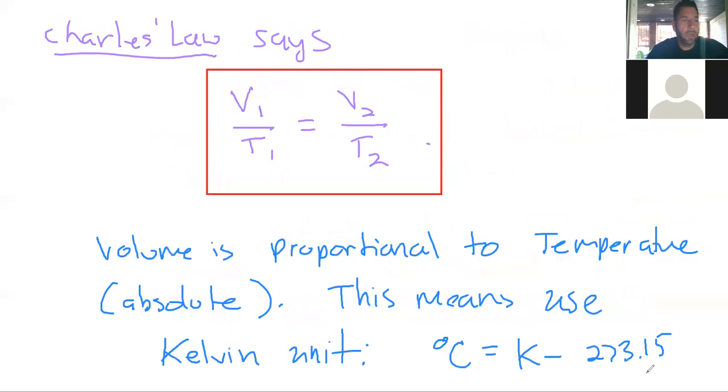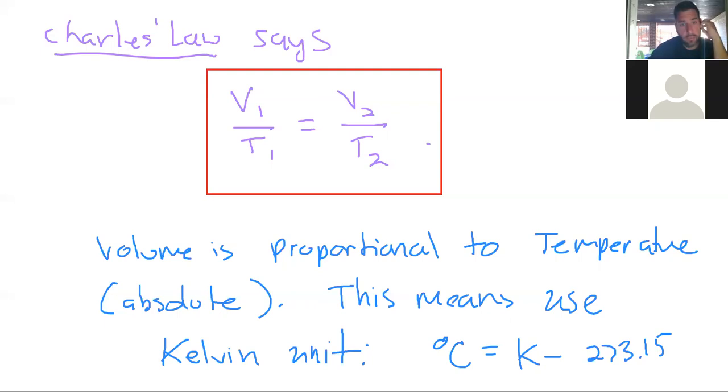So how are we going to get Kelvin? Well, if you start with Kelvin to get to Celsius, you subtract. So we need to do the opposite now. What did we start with? We started with 25 degrees Celsius. So we need to subtract, and, excuse me, not subtract, we need to add.